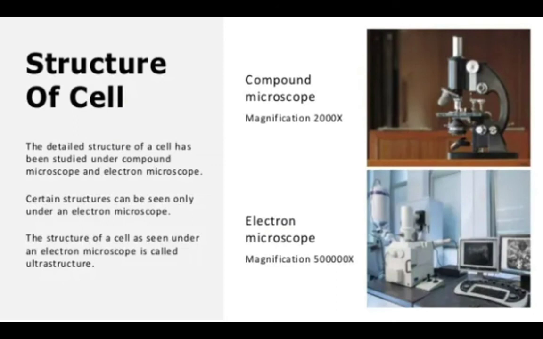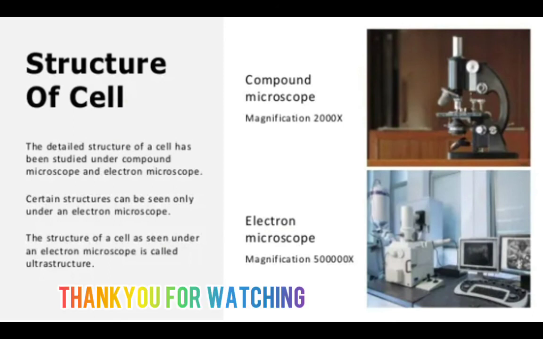The structure of a cell as seen under an electron microscope is called ultrastructure. The compound microscope's magnification is 2000x, and the electron microscope magnification is 5 lakh x. As you can see, it's written here, 5 lakh x.